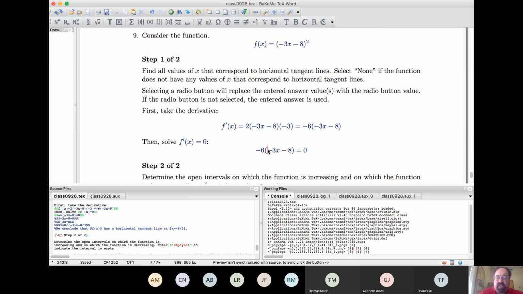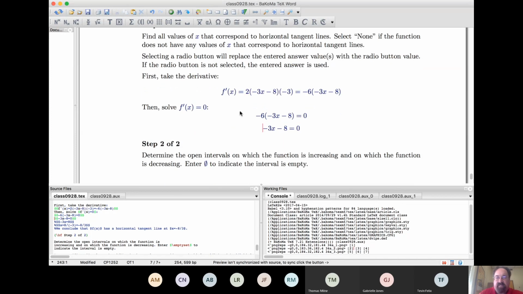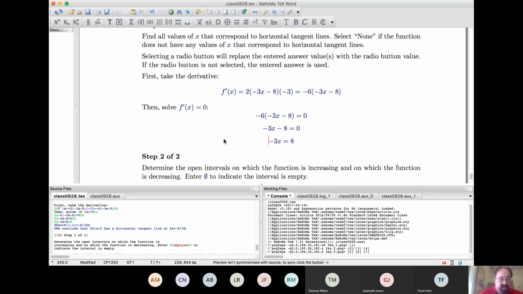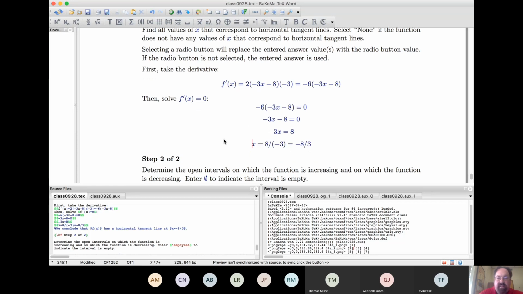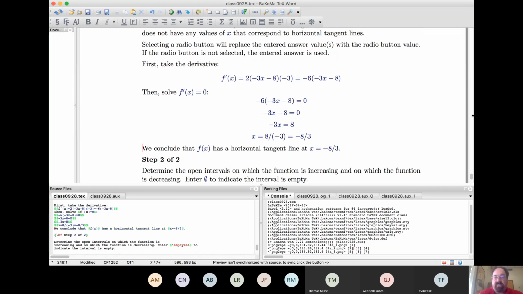Okay, so then I can just take this factor here and set it equal to 0. Or another way to think about it is I'm dividing both sides by -6. So then I go through the steps here, and I get -8/3. So that is the only x value at which the derivative is 0. So that is where the function has a horizontal tangent line.